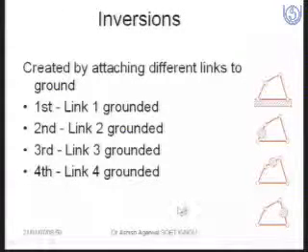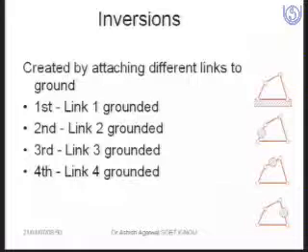Now comes the inversion. We have a 4-bar mechanism, 1, 2, 3 and 4. Now we can fix this link, we can fix this link, we can fix this, or we can fix this link, because just by fixing one link you can have a different type of mechanism.